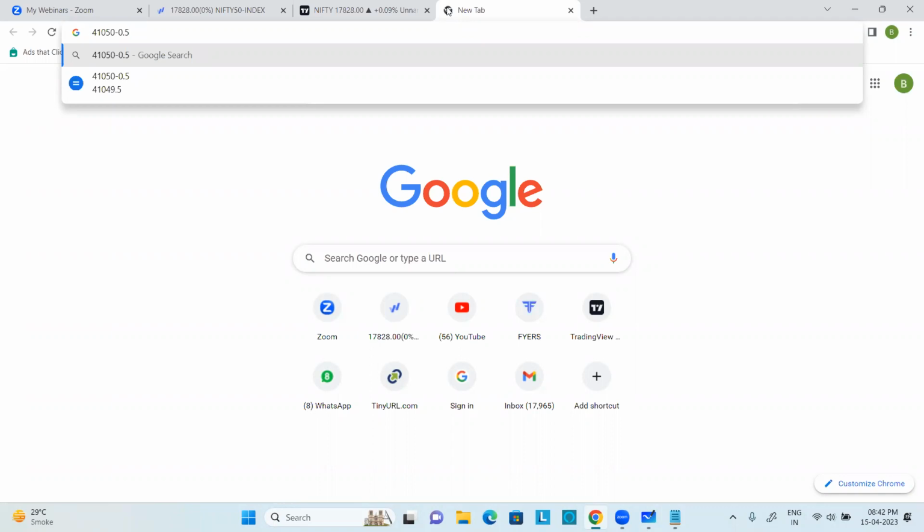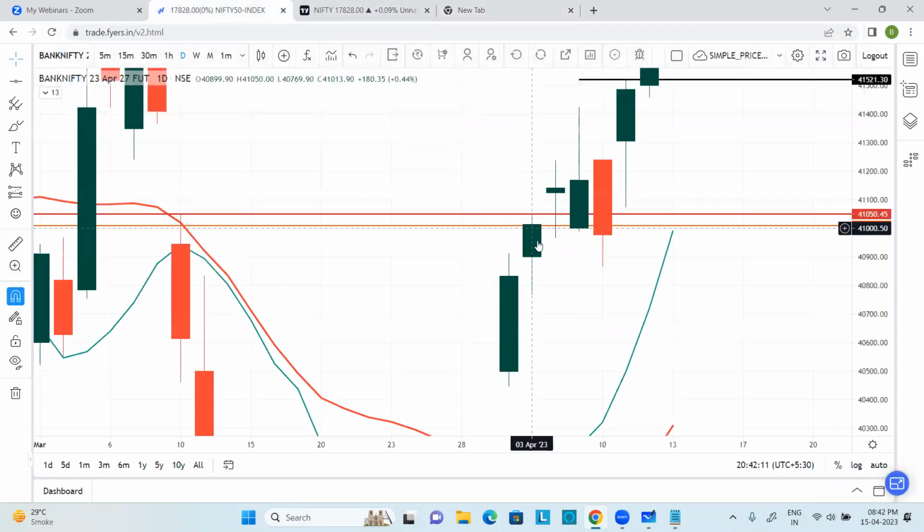Okay, 40844. The low is 40967. You can see, it did not stop out.